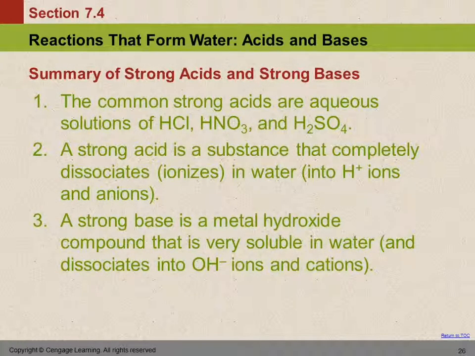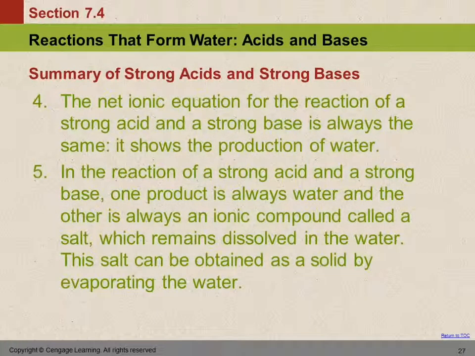So here's a summary. Common strong acids are aqueous solutions of HCl, HNO3, and H2SO4. Strong acid dissociates in water and ionizes completely. A strong base is a metal hydroxide compound that is very soluble, so it also dissociates into hydroxide ions and cations. The net ionic equation for the reaction of a strong acid and a strong base is always the same.